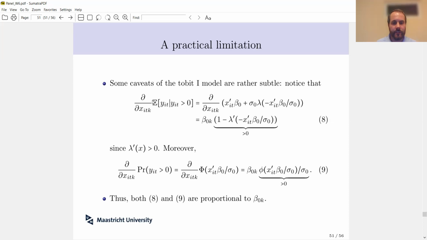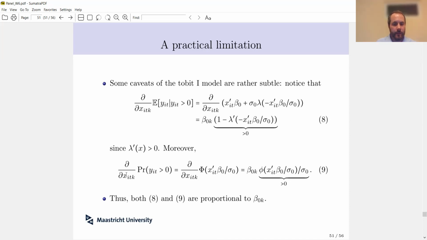So notice that if we take the marginal effect of this conditional expectation here, we get beta 0k, because we look at the kth component of X, times something that can be shown to be always positive. Actually, the argument here is missing something. The lambda prime is never bigger than 0. So this part here can really be shown to be always positive.